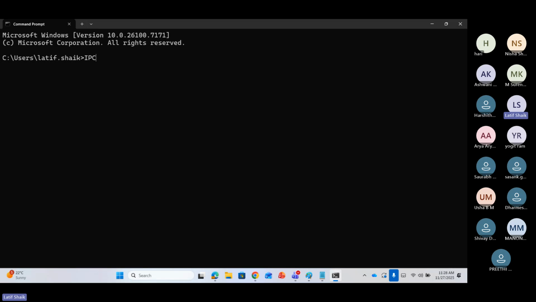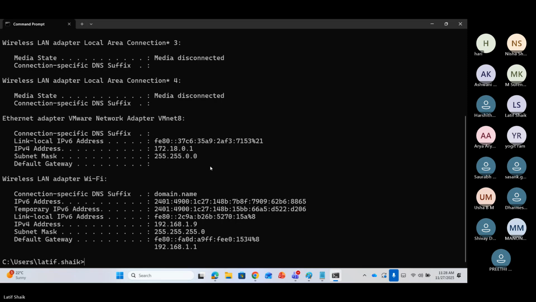So I'm running ipconfig. You see the IP address, subnet mask, and default gateway. Can you see the link local address? Link local means FE80. This is a system self-generated IP address based on this adapter's MAC address.